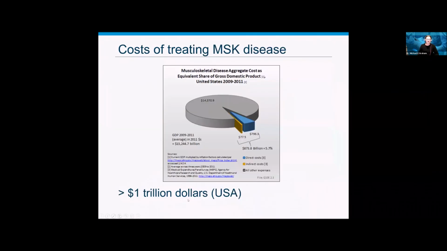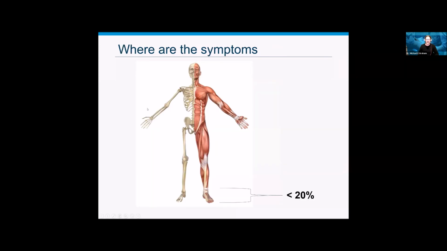So over $1 trillion is spent treating musculoskeletal diseases. And there are direct and indirect costs in that $1 trillion because patients have to miss work from having surgeries, recovery, and physical therapy. So this is a huge economic problem, all because people are focused on the symptoms rather than addressing the underlying etiology.